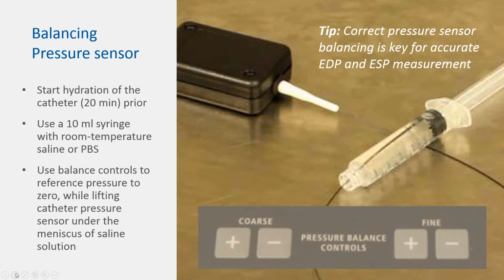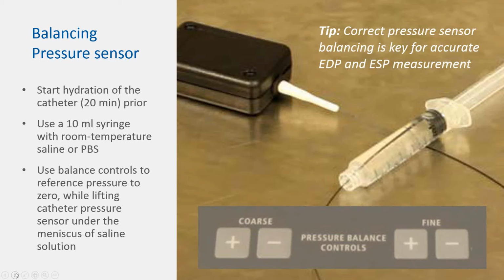I like the use displayed here where you put the catheter inside of a syringe. It offers some protection to the catheter, keeps it hydrated, and if you look carefully, it's also at the surface, or can be held at the surface.